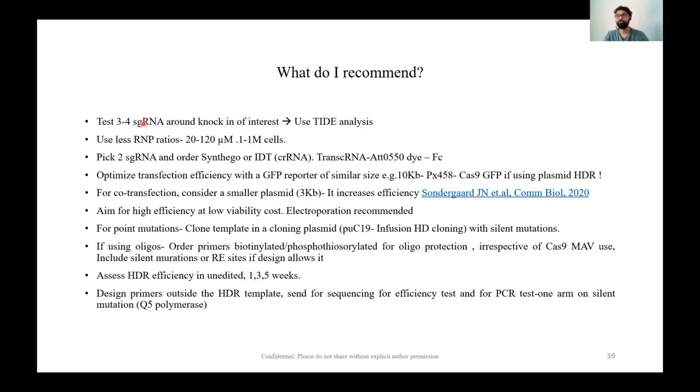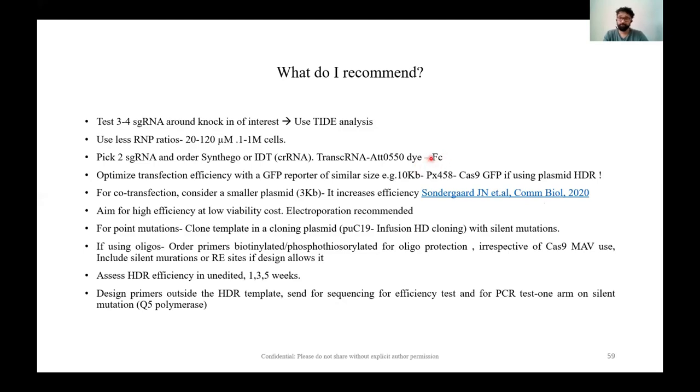This you can already do with a plasmid-based guide RNA approach. And once you've validated your plasmid-based guide RNAs, you can then order synthetic guide RNAs. I generally order from IDT with the CRISPR RNA that you can couple with the tracrRNA, the CRISPR activating RNA, and the ATTO 550 dye.